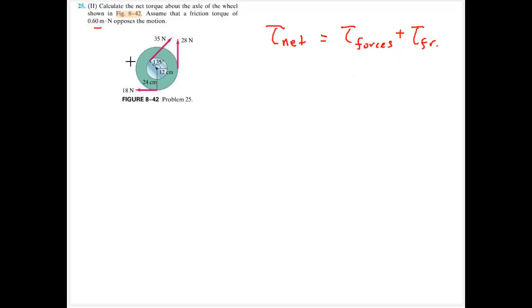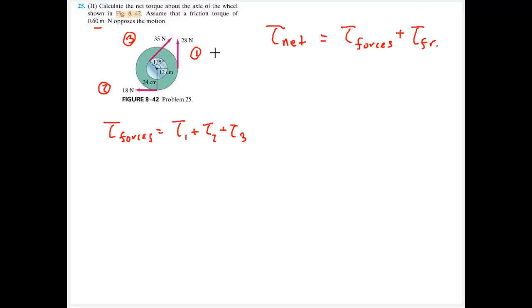To calculate what the torque is from all of these forces, I'm going to say that this is going to be force 1, this is going to be force 2, and this is going to be force 3. That's going to be torque 1 plus torque 2 plus torque 3.